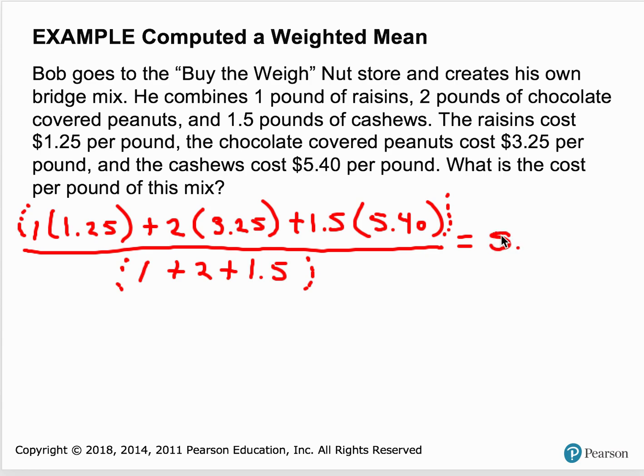I got 3.52222. And because this is money, it goes without saying that you always round to the nearest cent. So your final answer will be $3.52. Okay, so once again, not too bad, right?